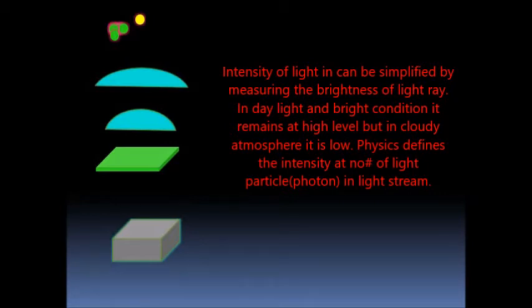In the general terms you can visualize that in low light conditions we have less intensity of light hitting our image sensor, and in daylight conditions more photons are hitting our image sensor, so the intensity is high.